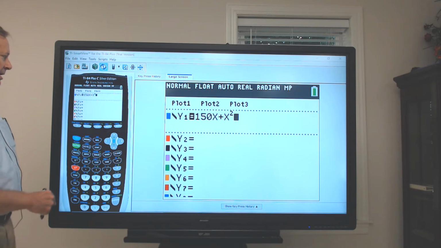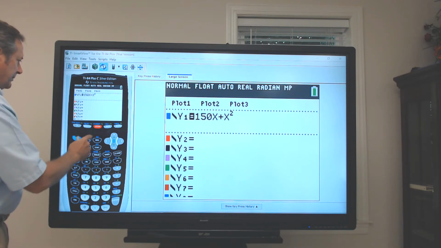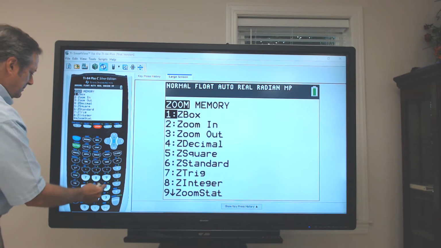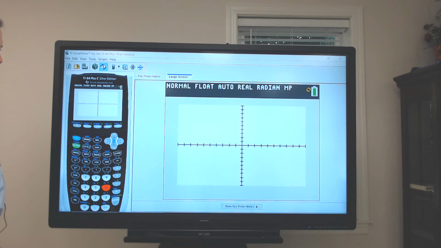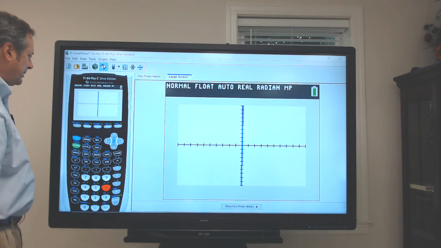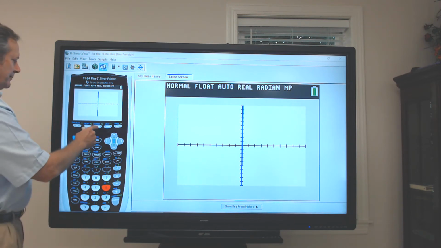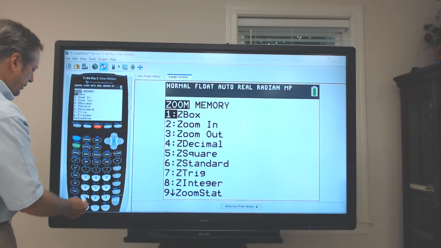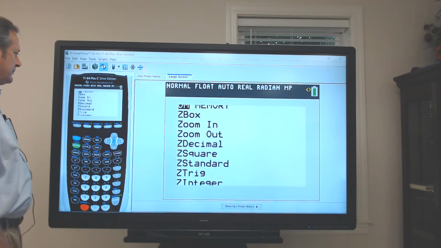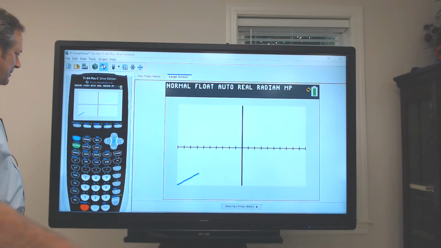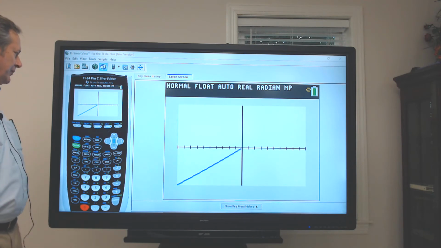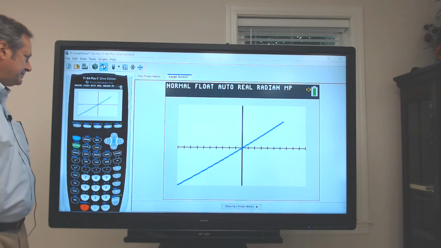All right, now I'm going to hit zoom 6. Didn't see too much, did I? I did see one branch coming up here. Now, when that happens and you can't see the parabola, here's what I want you to do. I want you to go to zoom 0. And that will attempt to put it up there, at least enough so that you can adjust it.